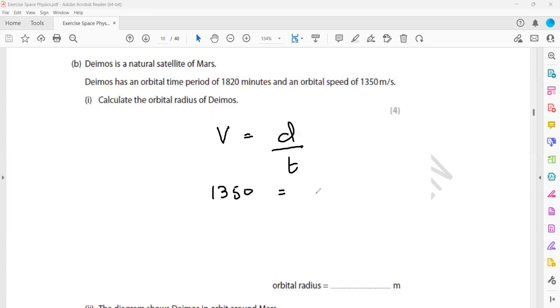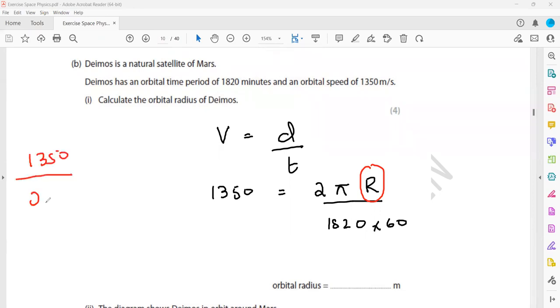The distance is equal to 2 pi r, because an object is moving in a circular path, and the time is 1,820 minutes, so we have to multiply by 60. Now we want to find r. This 2 pi is multiplied with r, so on the other side it should be divided. That's why it will be 1,350 divided by 2 pi.